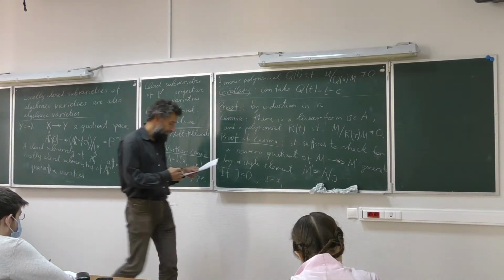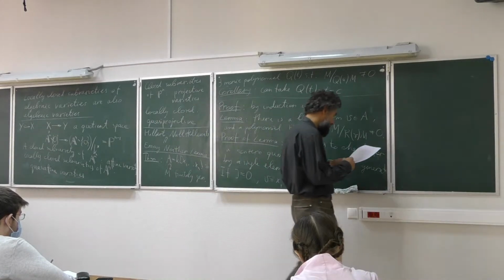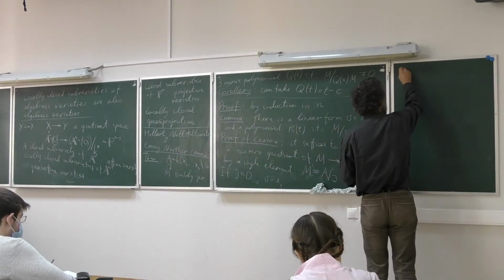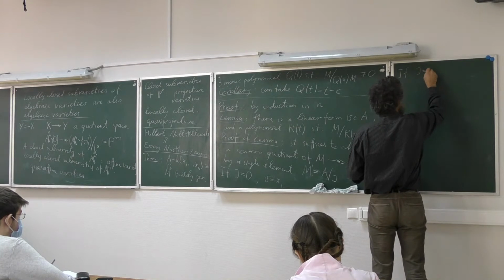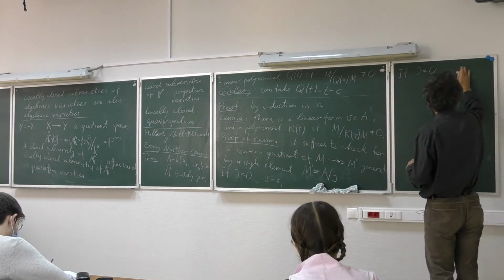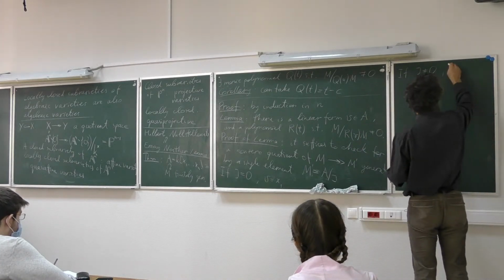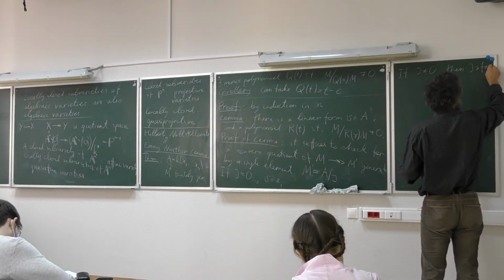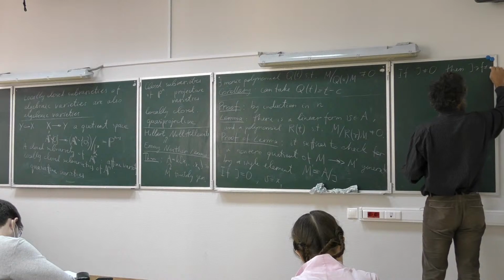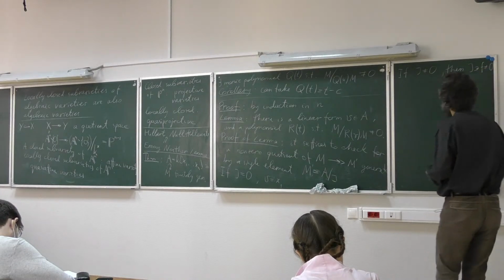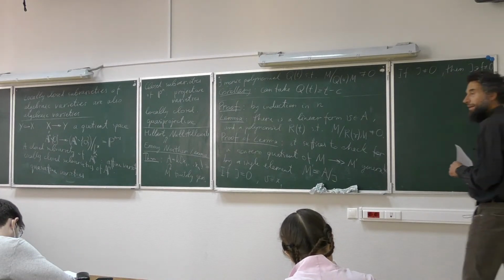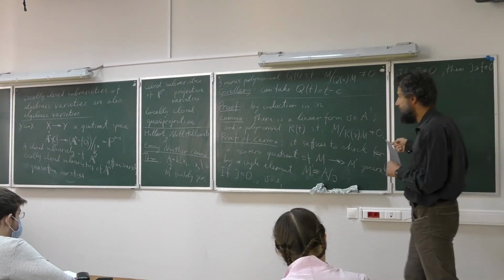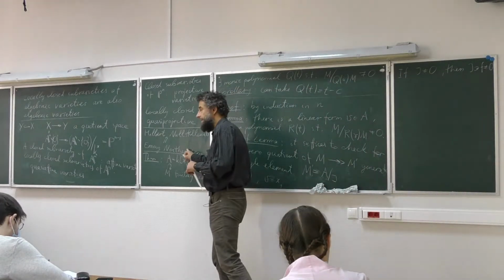Now, if J is not 0, then it contains some non-zero element F. Okay, and now we can start using Noether lemma.